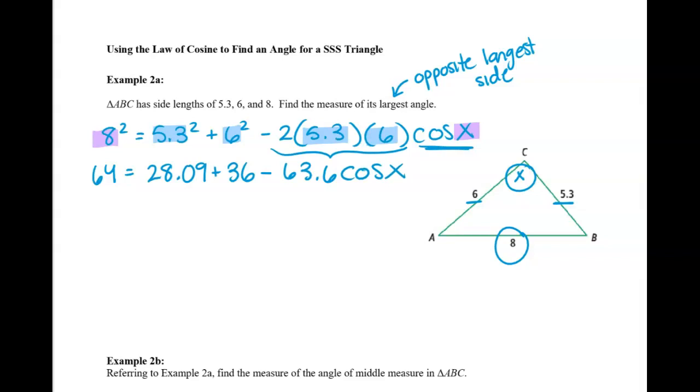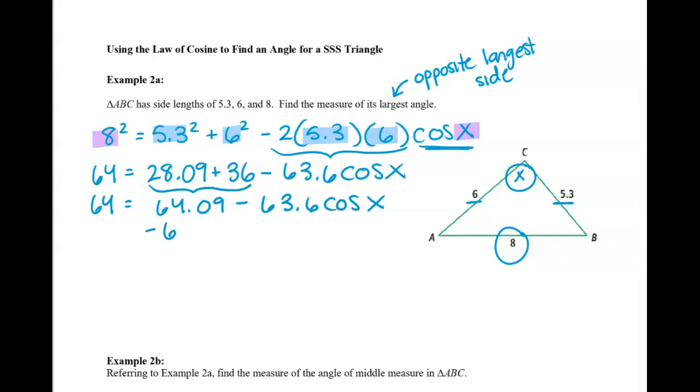It's really just algebra from here. 64 stays on the left. 28.09 plus 36 is 64.09. Then we still have minus 63.6 cosine of x.